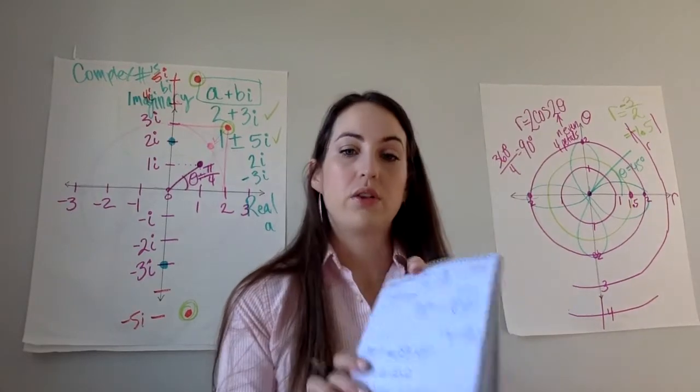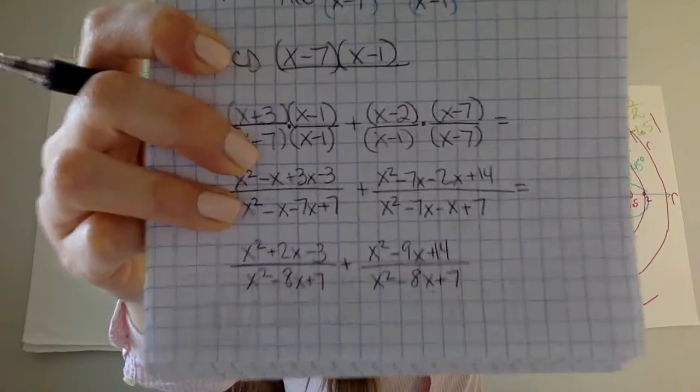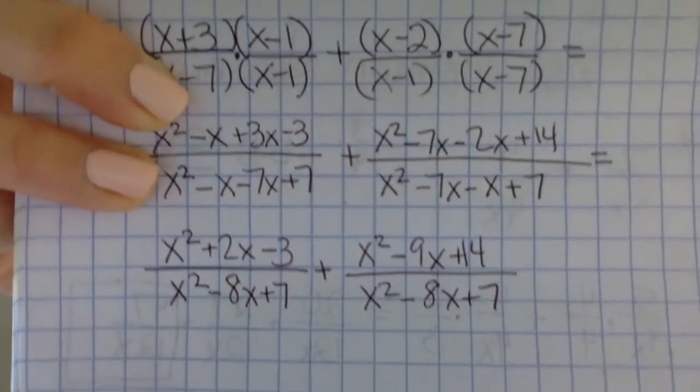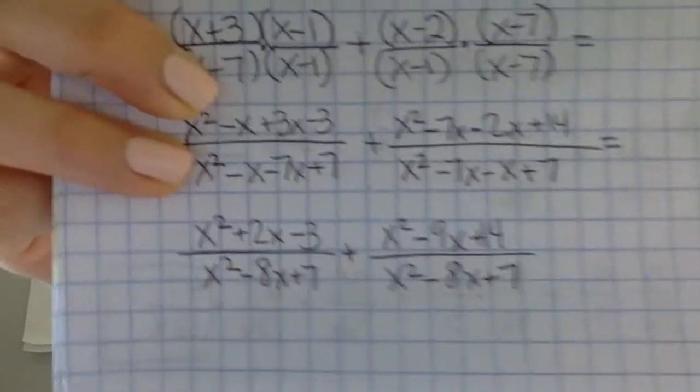Okay, so I've FOILed and then I've simplified, combined like terms, and I can see that I now have 2 denominators that are exactly the same. We both have the quadratic x squared plus 8x plus 7 in the denominators there.